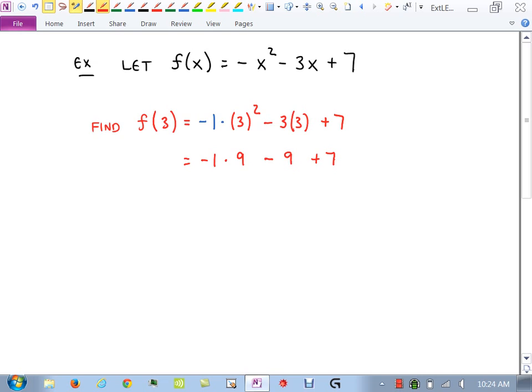Multiplication, right? -1 times 9, -9. -9 plus 7. We go across left to right here because all we have is addition and subtraction. So left to right, -9 minus 9 is -18 plus 7, -11.